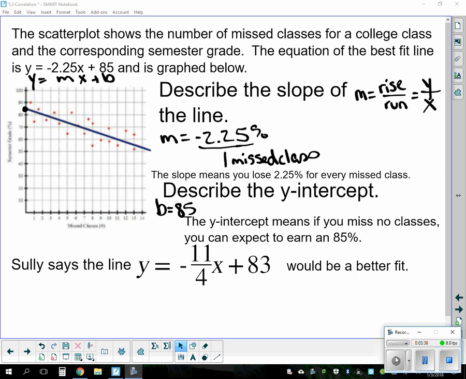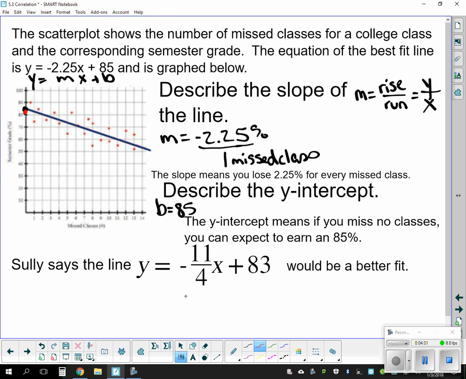Okay, Sully says the line y equals negative 11 over 4x plus 83 would be a better fit. What do you think? Well, you could graph this. It would be a little bit underneath that one. Use a different color. Be a little lower here. And it would be negative 11 over 4.